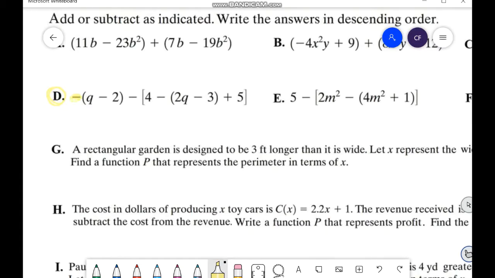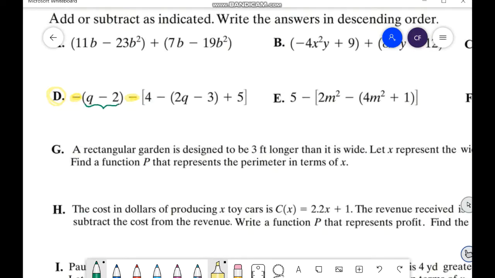This is a subtraction because we have a negative sign in front of the parentheses. And here we have a negative sign in front of the brackets. To remove the parentheses or the brackets, first we need to change everything inside into the opposite, right?